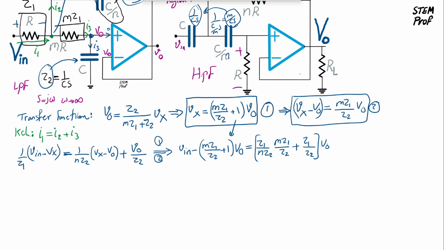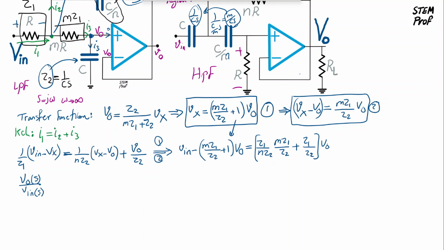Let's do a little cleanup, and what we get is, let me write it here. So what we get out of this whole thing is the Vout S domain, Vin.